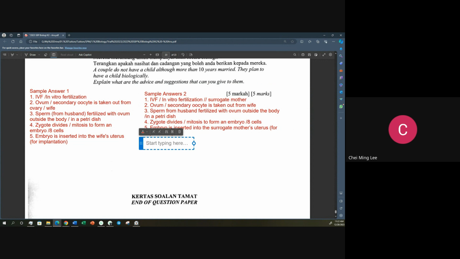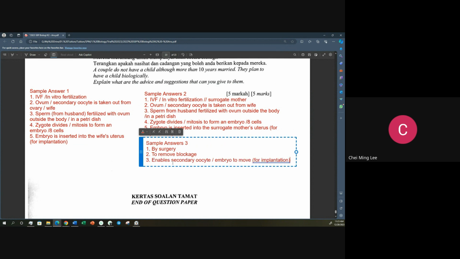Now for sample answer 3, we're going to talk about surgery. Remove the block. We can do it by surgery. The surgery is used to remove the blockage, and this will enable the secondary oocyte or the embryo to move for implantation.